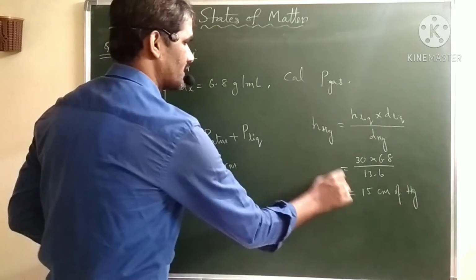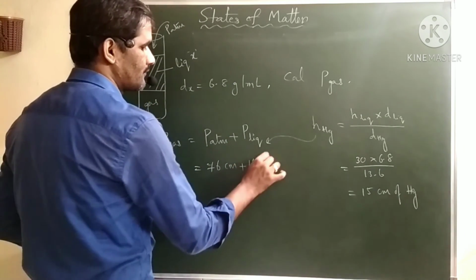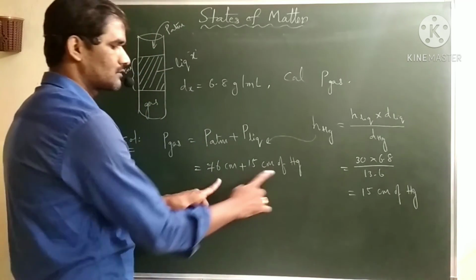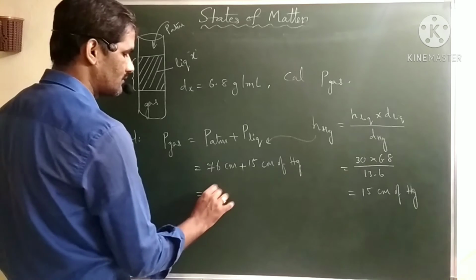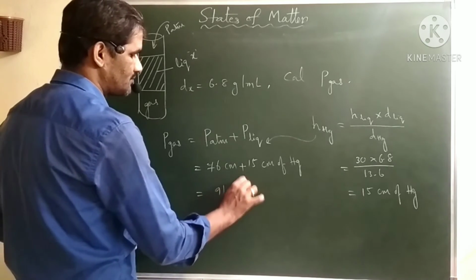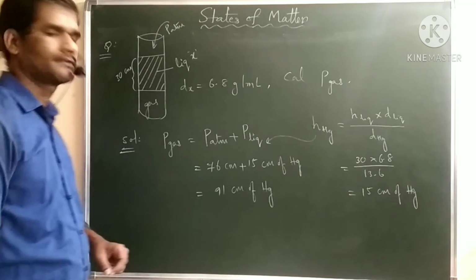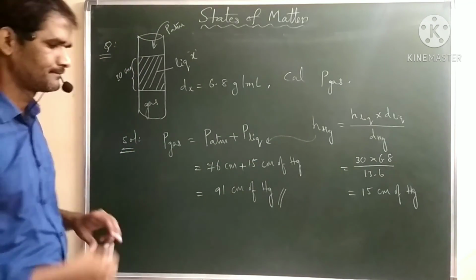Now this value we can substitute here, plus 15 centimeter of Hg. Now both units are in mercury, so this overall will give 91 centimeters of Hg. So this is the pressure of the gas acting here.